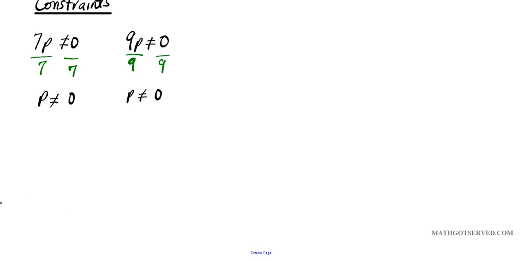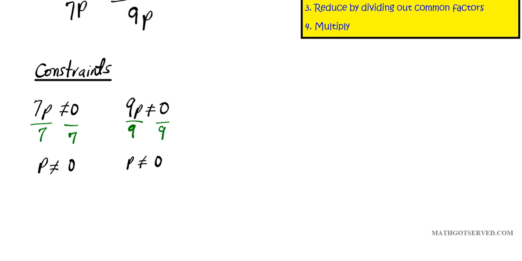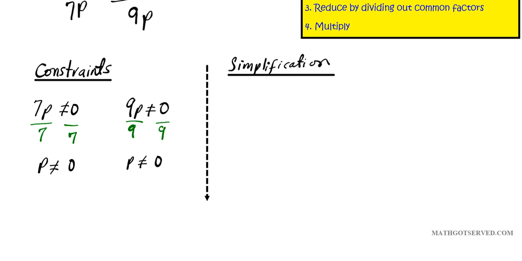Now let's go ahead and simplify, which is the second task that we're to execute. The title is Simplification. Now we're going to be using the steps outlined in our strategy list to carry out this process.